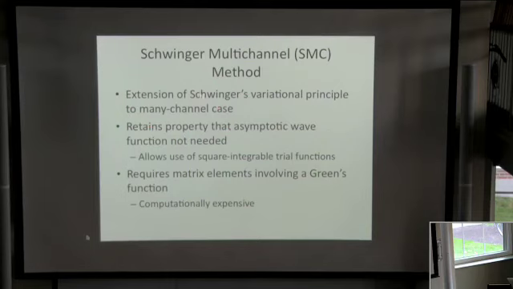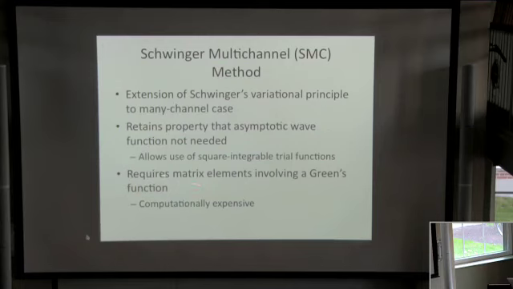In the original Schwinger method, the reason that came about is because every time the wave function appeared in that expression, it was multiplied by the potential. The potential will die at large distances, so the asymptotic behavior of the function didn't matter. But we have developed a method that goes beyond just simple elastic scattering, allows us to do inelastic scattering, and we've been able to set it up in such a way that even though the Hamiltonian appears in our variational expression, we are allowed to use square integrable trial functions because the matrix elements are independent of the asymptotic form of the trial function.